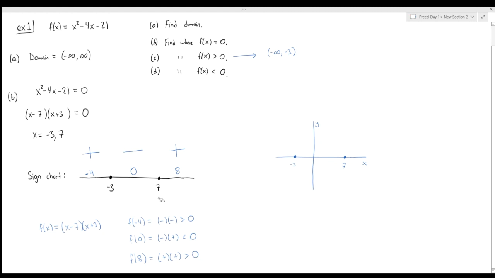And it's also positive in this interval from 7 and then I guess out to infinity. So you can use a union symbol for this. So it's positive in this interval and also this one. So you can use a union symbol to denote that.